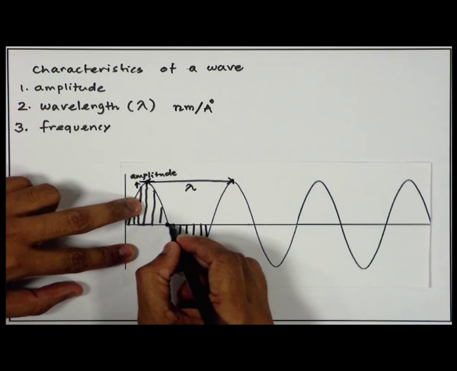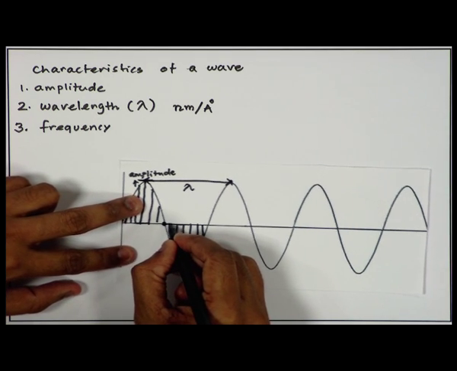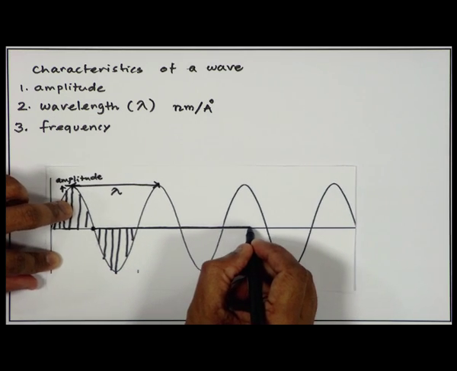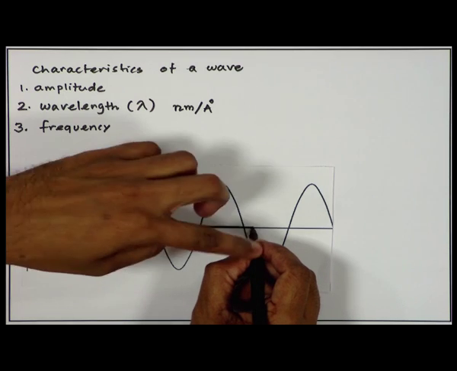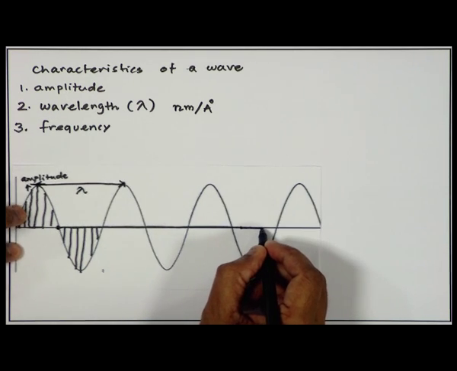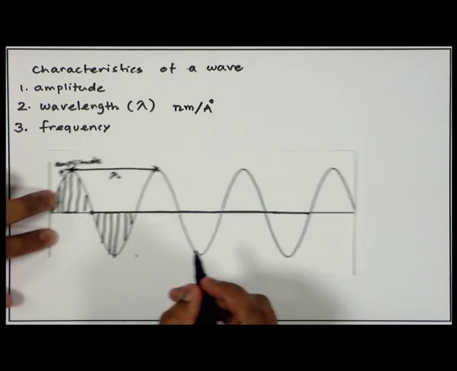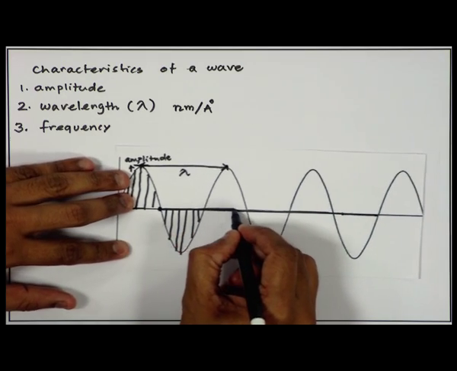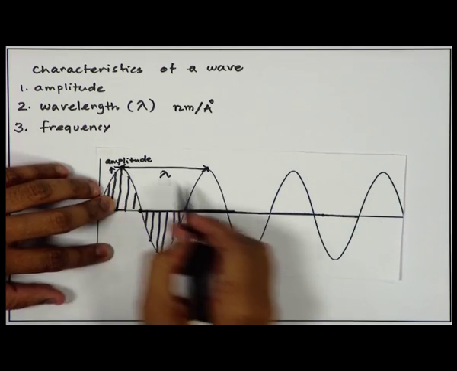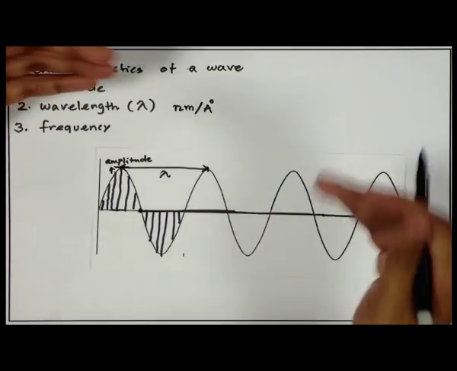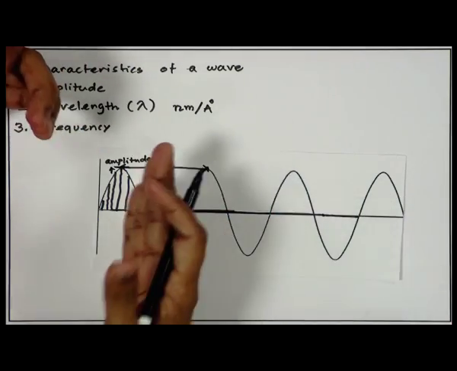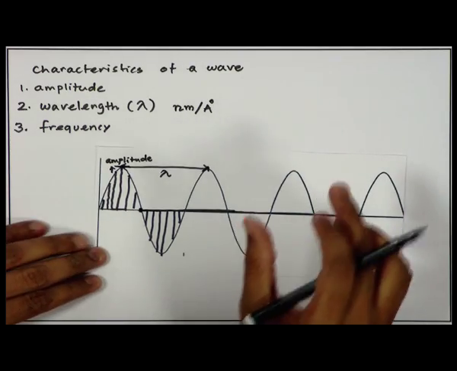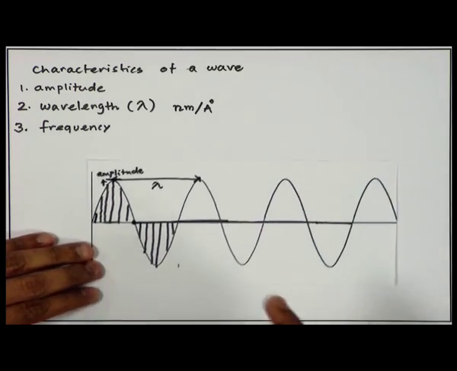The number of wavelengths that I see at one position in 1 second is called frequency. It is a certain number of wavelengths per second.